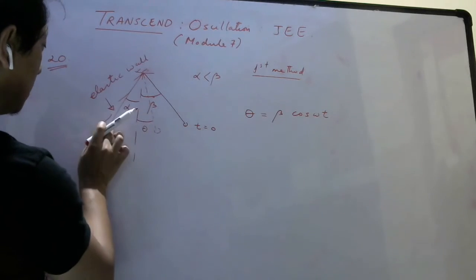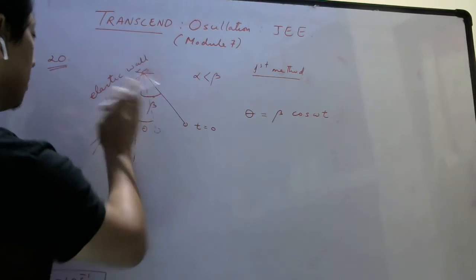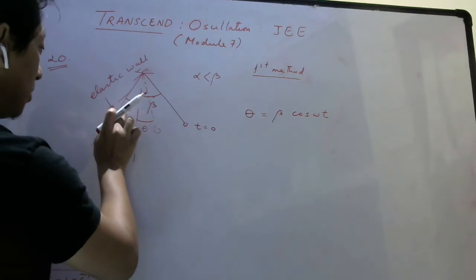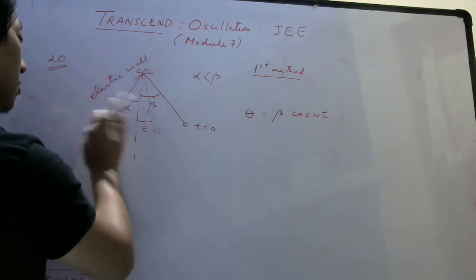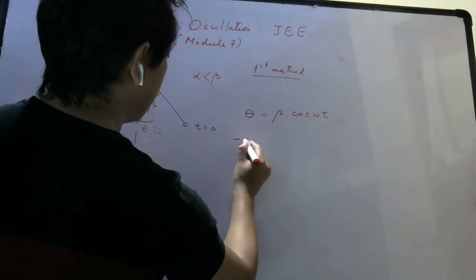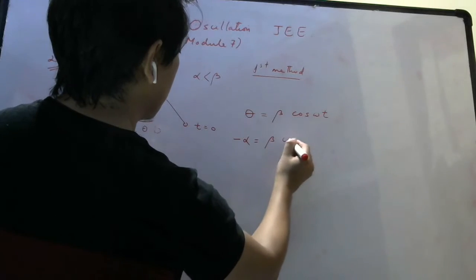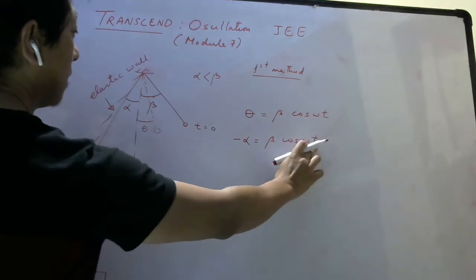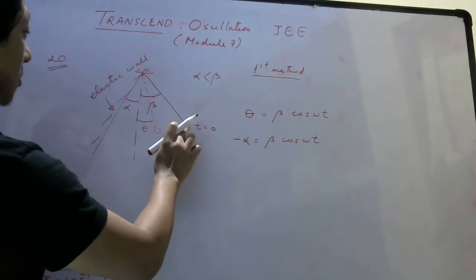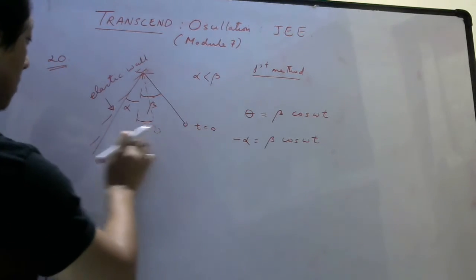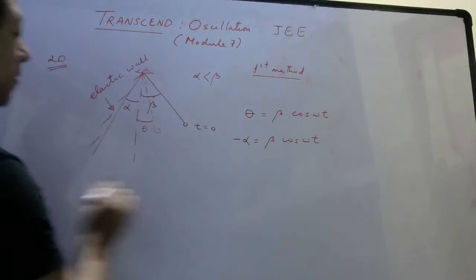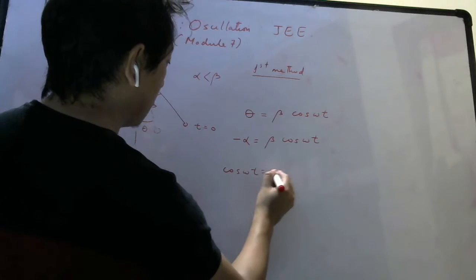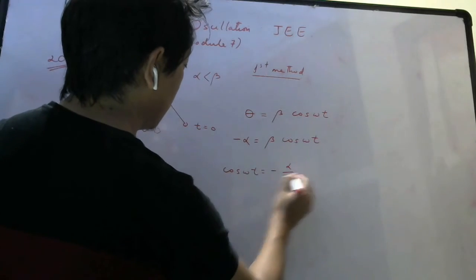When it reaches the inclined plane, it will be on the left side of the vertical and at that time theta in magnitude will be alpha, but on the left side, so it will be minus alpha equal to beta cos omega t. This is the time taken by the pendulum to go from the extreme position to the inclined plane. That will give you cos omega t equal to minus alpha by beta.